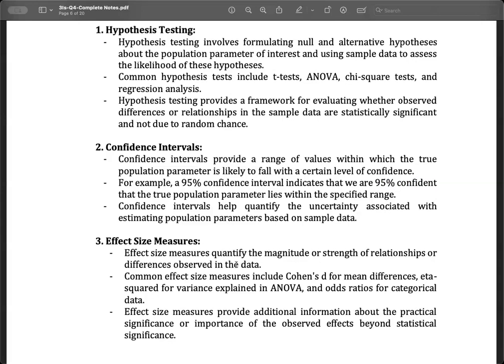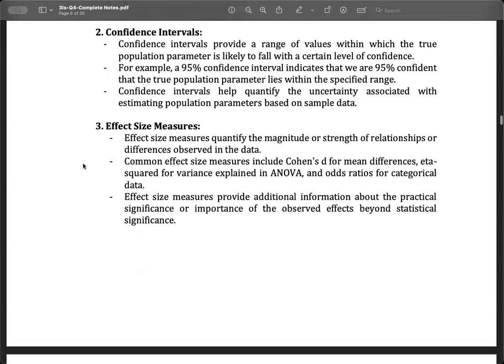And then there's also what we call your effect size measure. This quantifies the magnitude or strength of relationships or differences observed in data. Usually it is statistically computed as well. This one provides additional information about the practical significance or the importance of the observed effects beyond the statistical significance. Usually your effect size will depend on the quantity of your samples or your respondents.